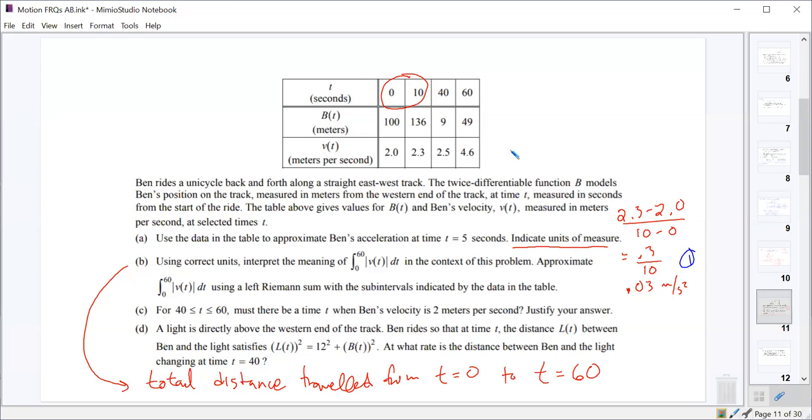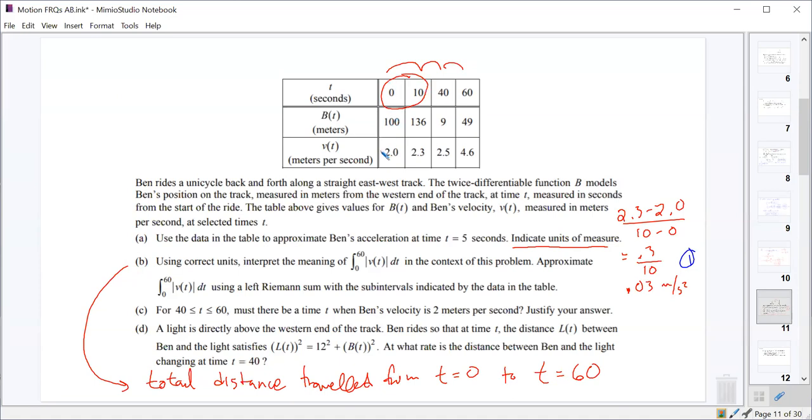All right, so the rest of part B says use the left Riemann sum to approximate that integral. So we are approximating the integral of velocity, so we're going to take these velocity values and use the left Riemann sum. So we have an interval of 10, an interval of 30, and an interval of 20. And we're going to start on the left side.